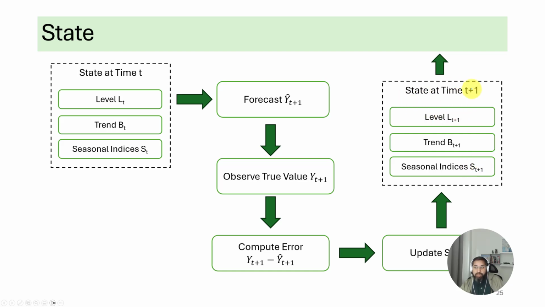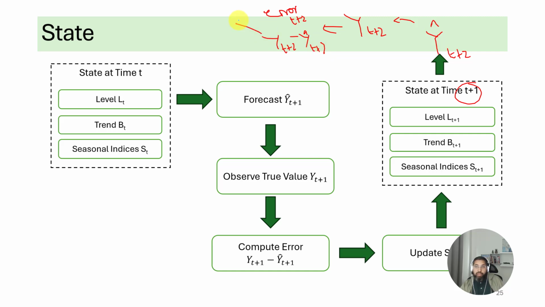Based on the state at time t plus 1, we can now generate a forecast for time t plus 2. So this state at time t plus 1 will give us a forecast y hat of t plus 2. Then we will observe the actual value at t plus 2. That will give us the error at time t plus 2, which is y of t plus 2 minus y hat at t plus 2.